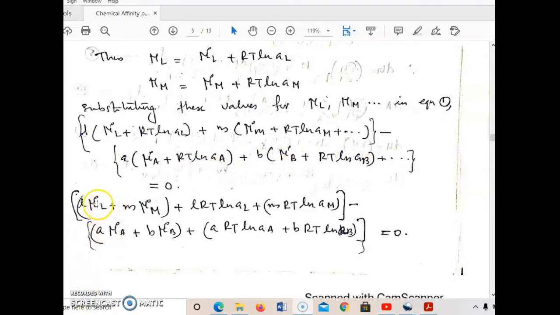Now let us collect the mu 0 terms together, the mu 0 terms of products and the mu 0 terms of reactants together.